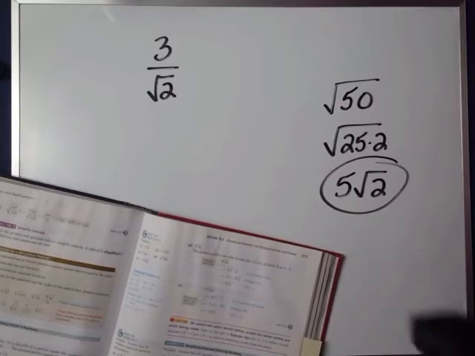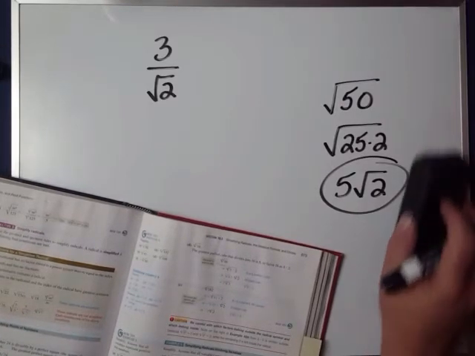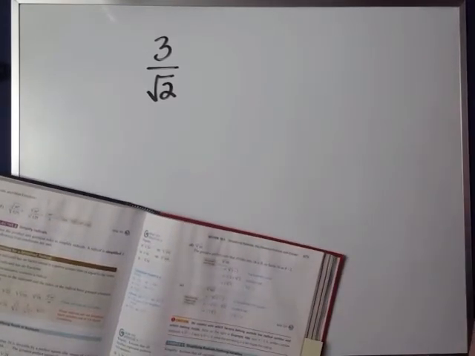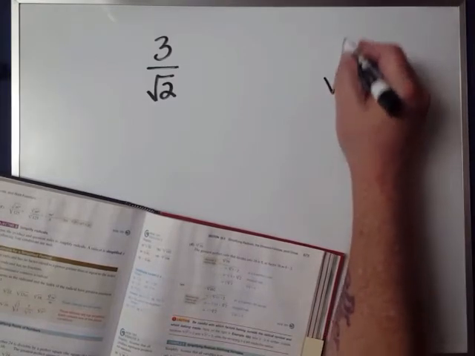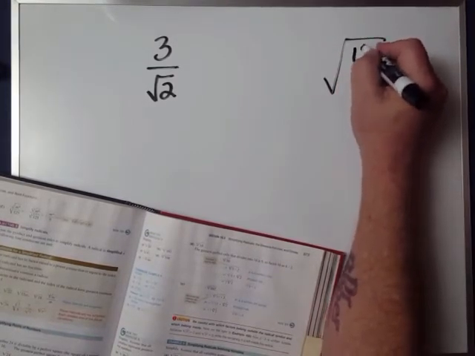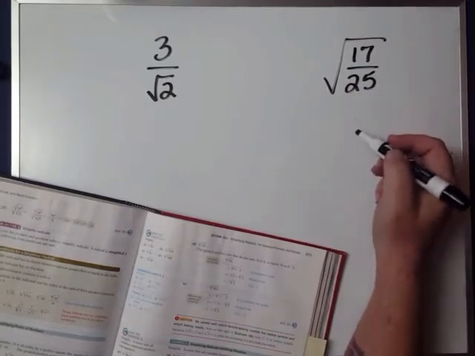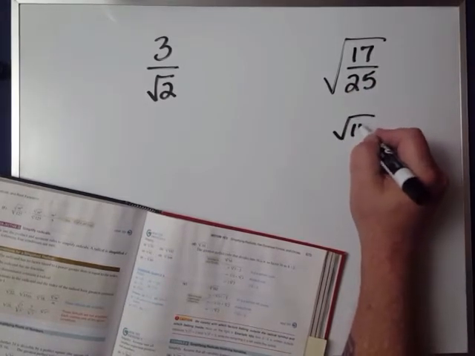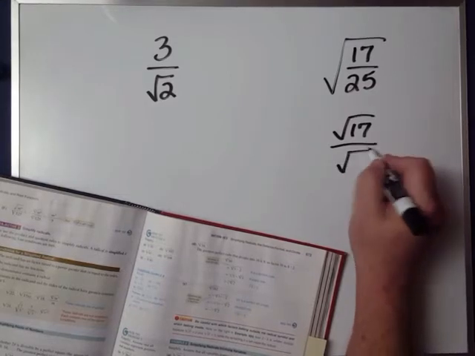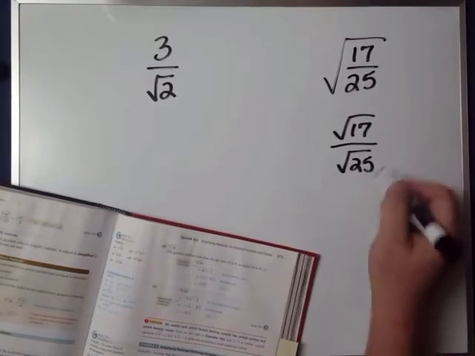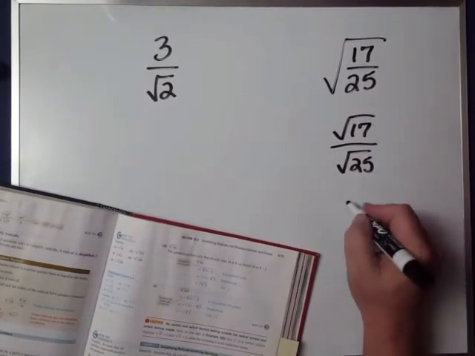The second rule says the radicand has no fractions. We've seen some of those. And how do we deal with that? We split it apart. And the bottom, of course, square root of 25 is 5.